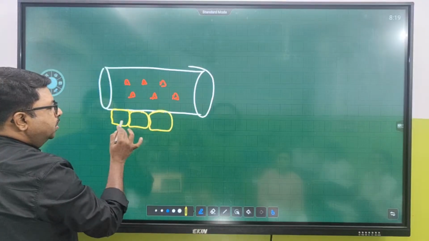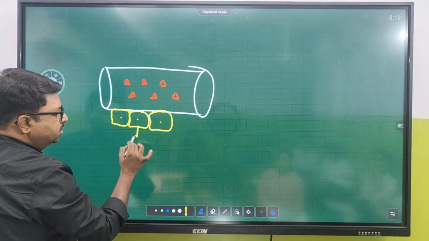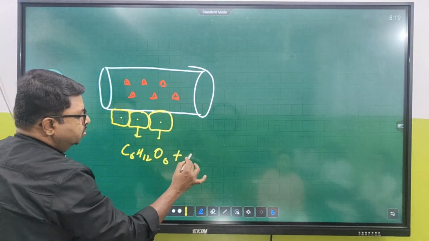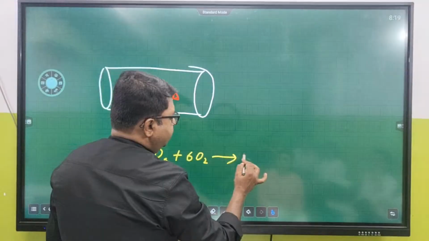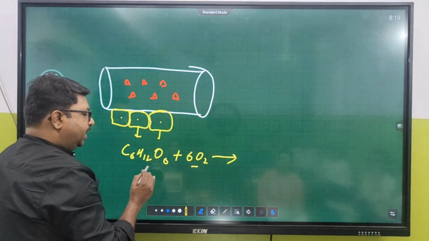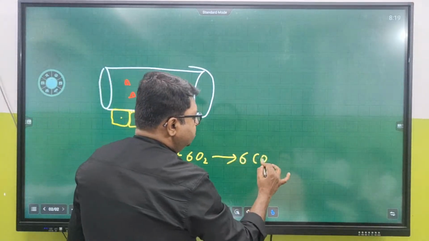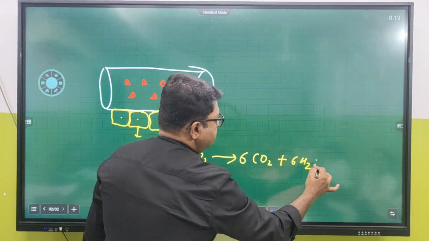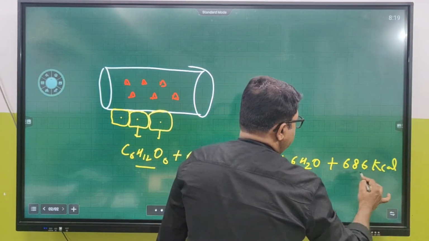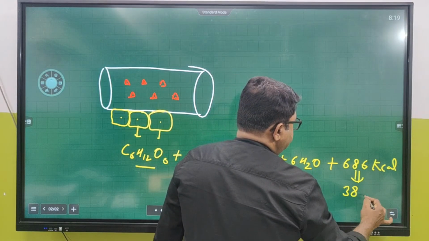The tissues, the cells, they need glucose to get energy, and they are going to perform aerobic respiration, and they will break down this glucose into carbon dioxide, 6 molecules of water plus 686 kilocalories of energy, which corresponds to 38 ATP.